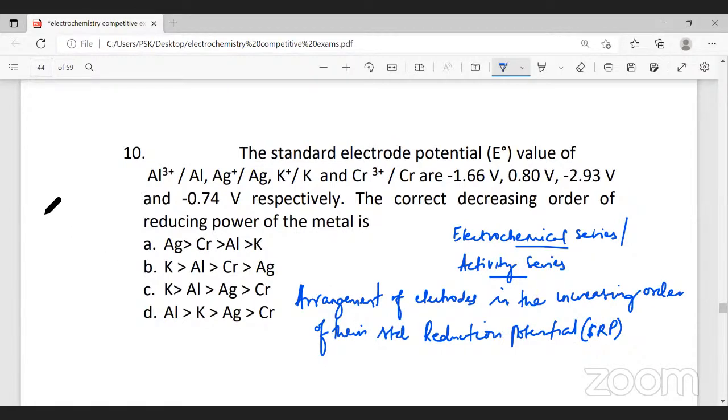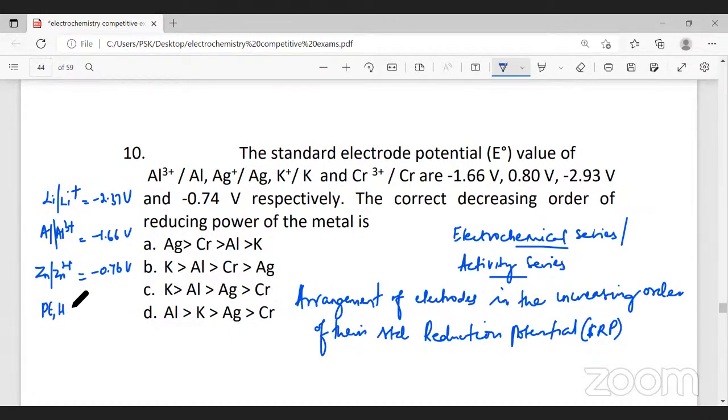Now, a few of the electrode systems I remember, we will try to understand. Lithium electrode, lithium rod in lithium ions, will be called the lithium electrode. It has minus 2.37 volts. Aluminium electrode, Al metal in Al3+, it has minus 1.66 volt. Zinc electrode, Zn2+, that's minus 0.76 volts.